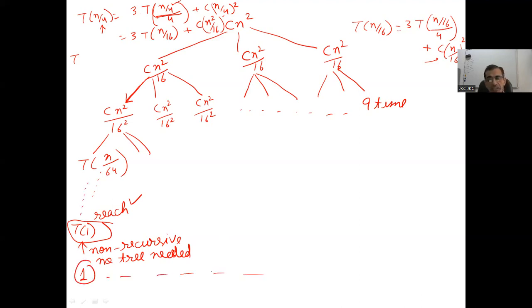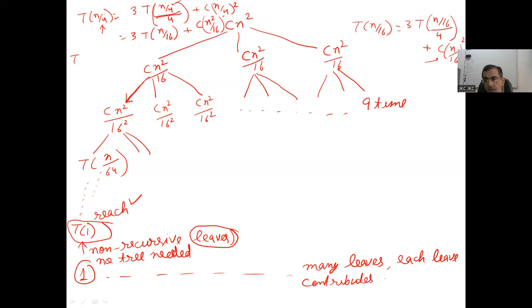These will become leaves, and leaves will not grow further. So many leaves will exist, and each leaf contributes value 1.